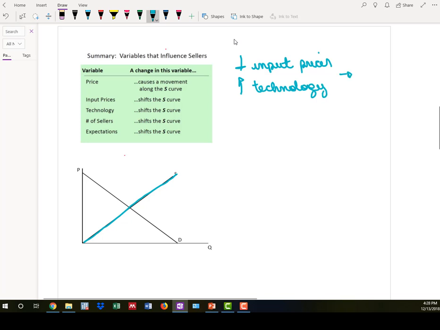The supply curve is going to shift to the right. And if you think about it, it makes sense, because for each hypothetical price, let's say that this is the price here, and let's say that I wanted to supply 15.